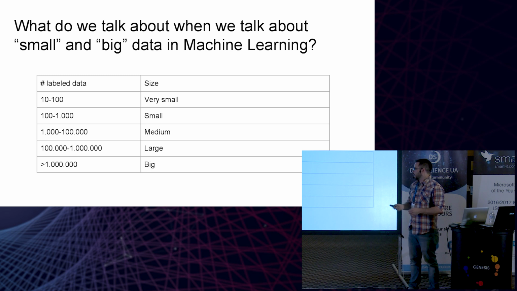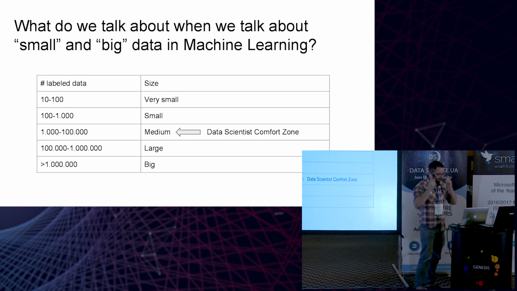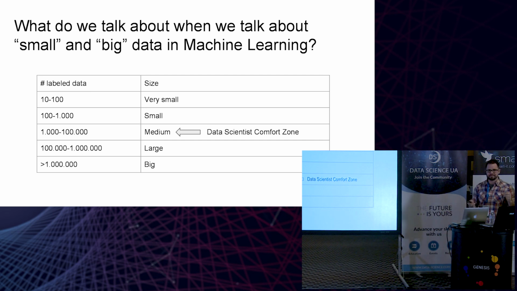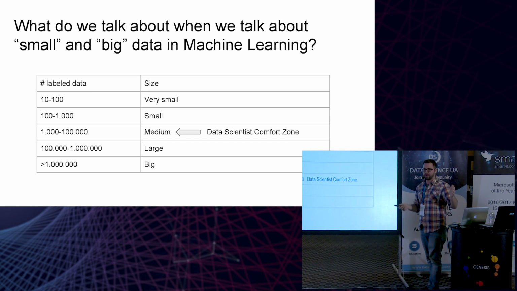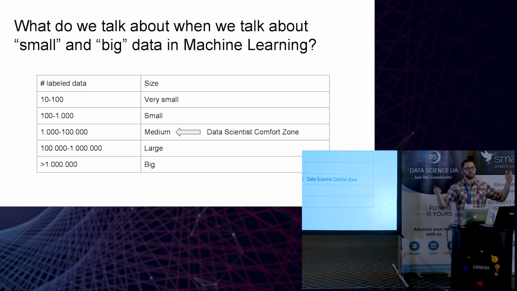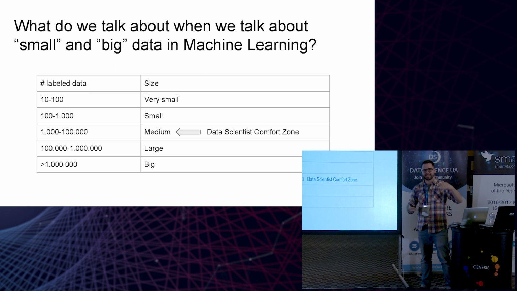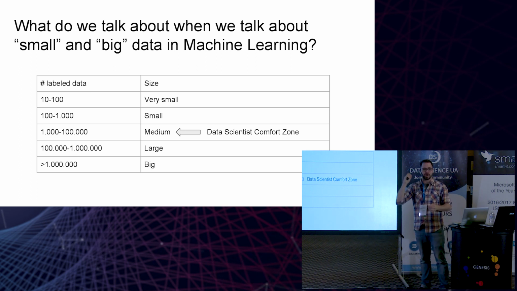And as probably all data scientists know, there's something I would call the comfort zone, where we all learned how to do machine learning. We all learned from textbooks, from Coursera, from these repositories of data sets, most of which have a number of instances between 1,000 and 100,000.